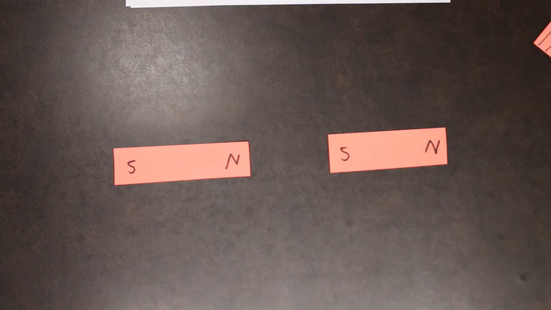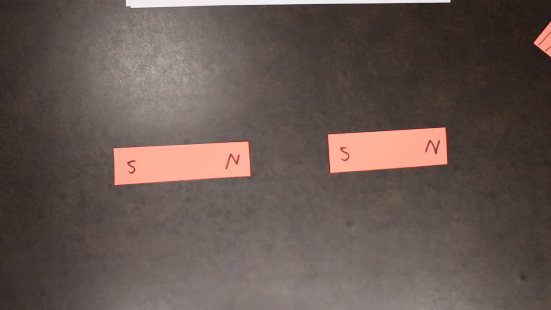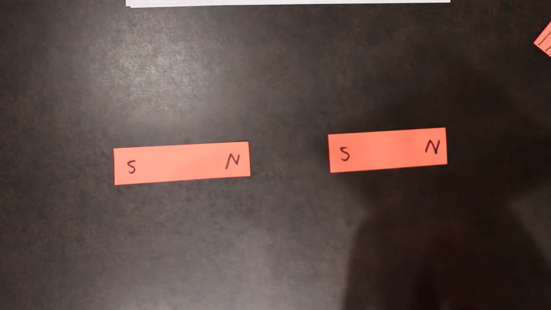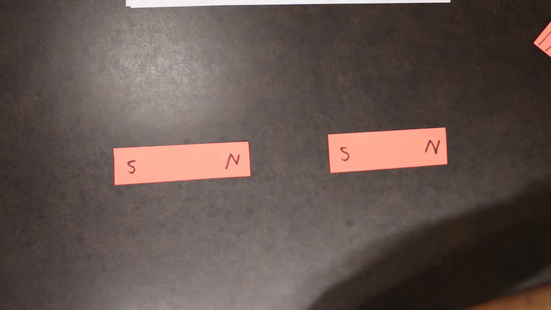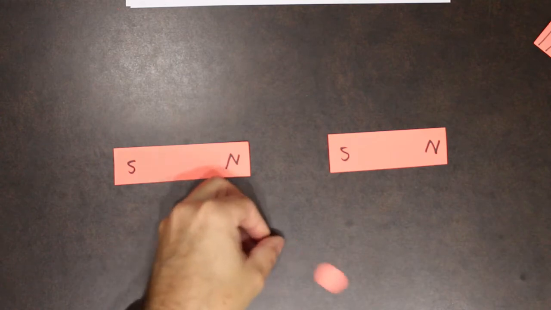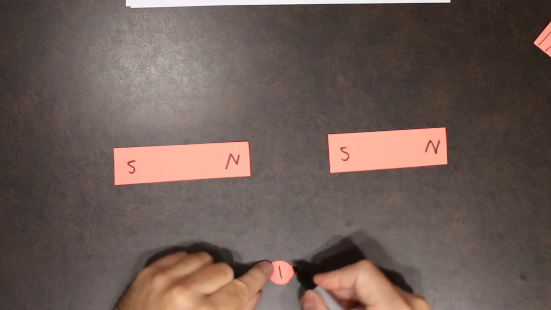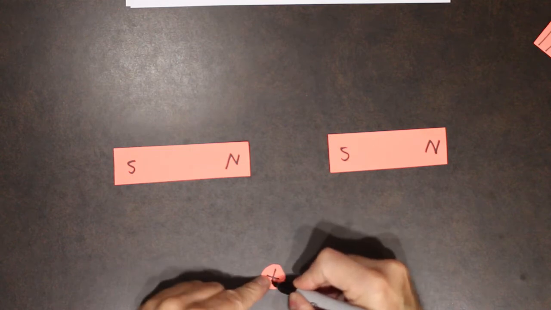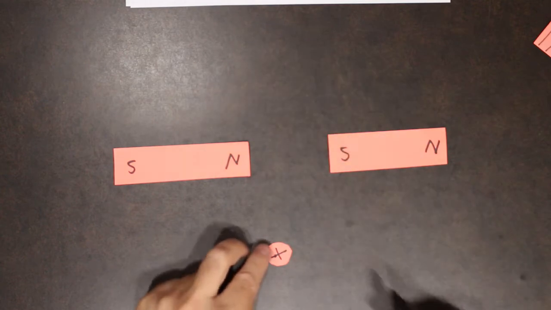Let me just modify this a little bit. I'm going to grab myself a conductor. So there's a conductor, and if you remember, that notation means that the current is going into the table.